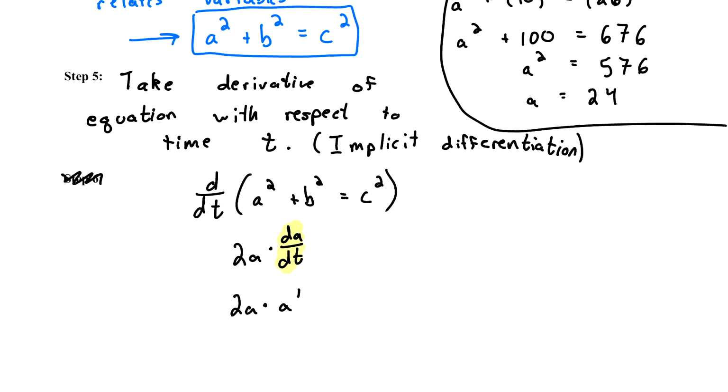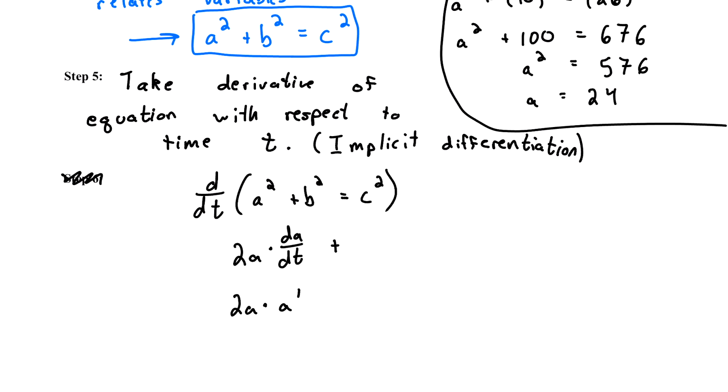Again, I prefer dA over dt because I think it is a lot more helpful to remember that we're taking the derivative with respect to time, and it can be helpful when remembering our units.